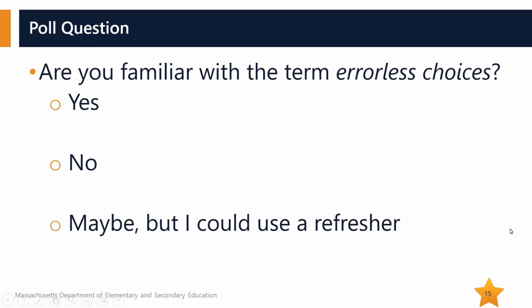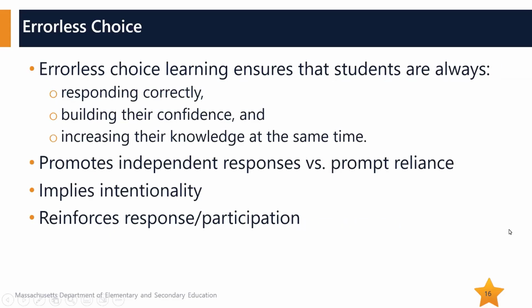Errorless choice. Teachers may have students working on errorless choices within a specified amount of time to encourage students to respond and engage in lessons. And either choice is correct. So the answer the students select is not what makes it right or wrong. In an errorless choice, the answer is scored incorrect if the student does not make a choice, typically within a specified amount of time.